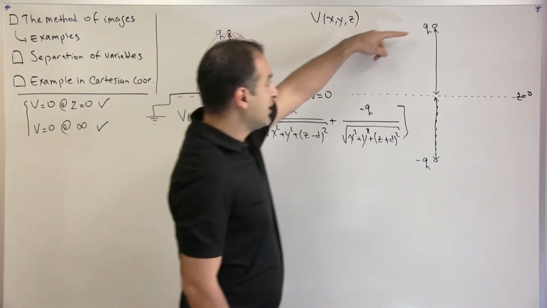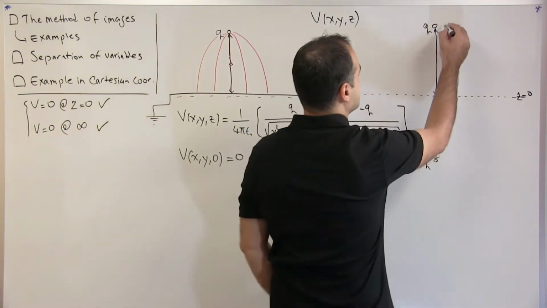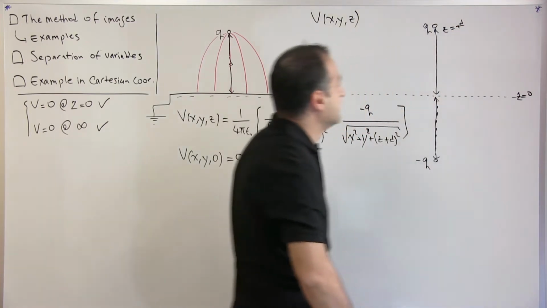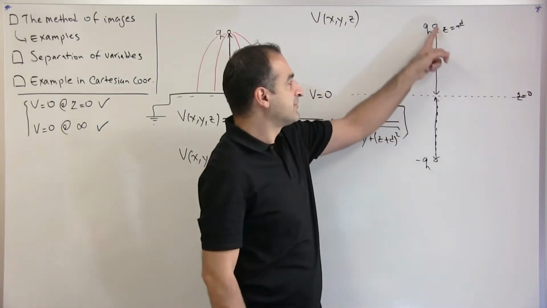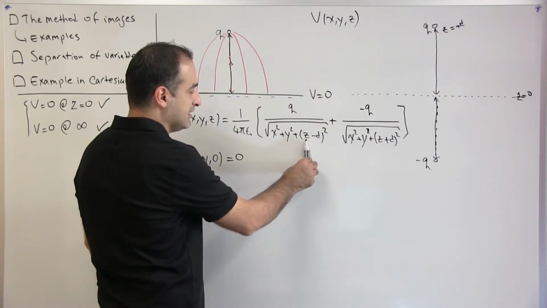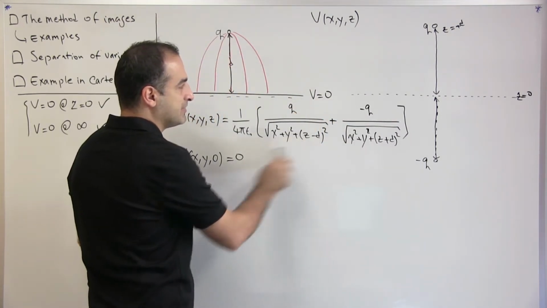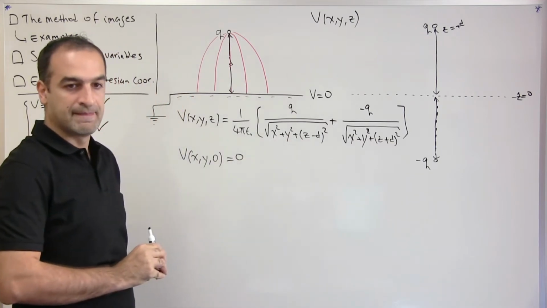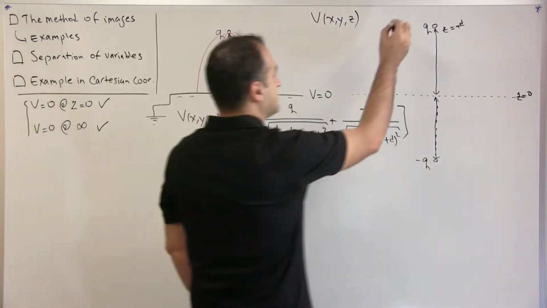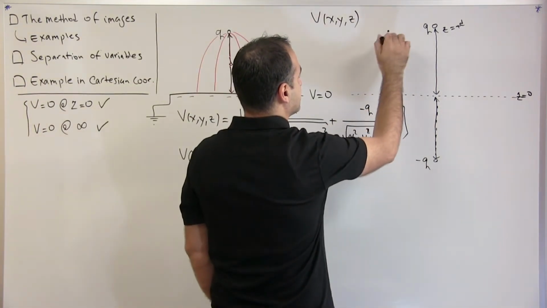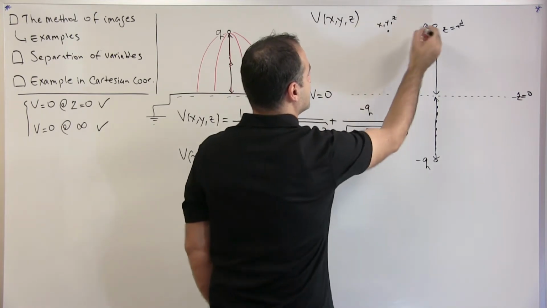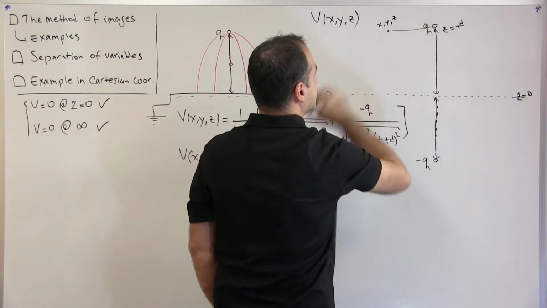So the charge Q is sitting at Z equal D, positively, right? So if you want to look at the distance, you want to look at the position Z where you are at minus the position of the charge. Imagine this point here in space is X, Y, and Z. What is the distance between these two?